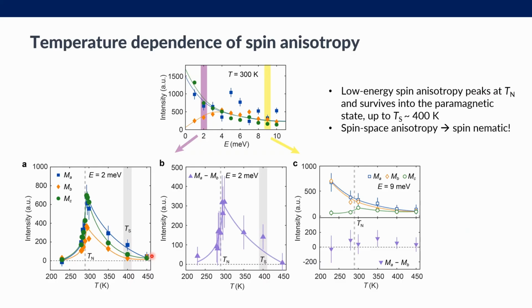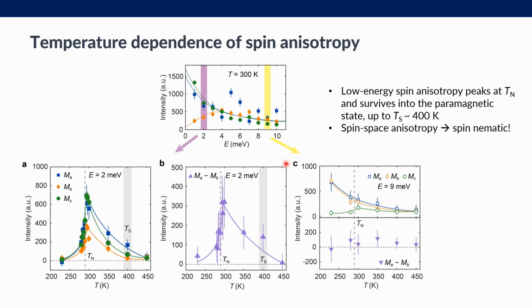At 450 Kelvin, they are isotropic, and as we approach TN, the fluctuations increase, and they peak around TN, and they get suppressed below TN because of the spin anisotropy gap. The most interesting thing is the difference between Na and Nb, which is the ab-plane spin anisotropy. As you can see, they almost follow the same temperature dependence. They are isotropic at high temperature, peak around TN, and then get suppressed below.